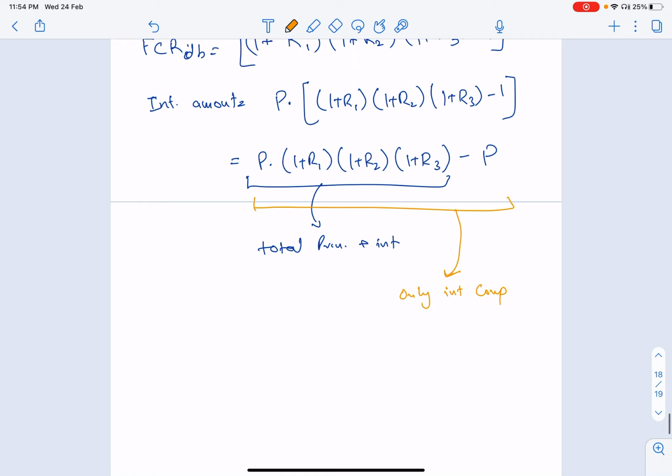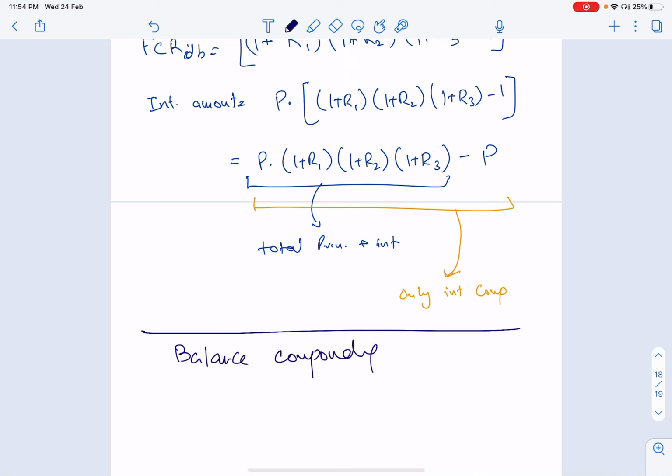Now, if I were to change it to the other equation, which is the balance compounding equation.